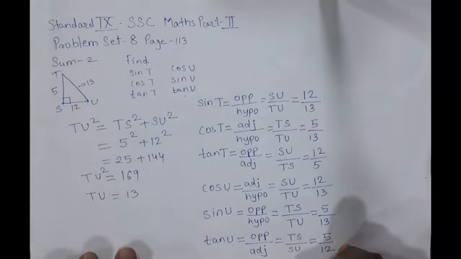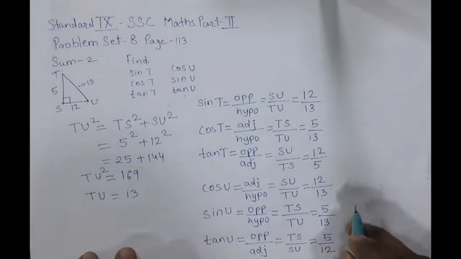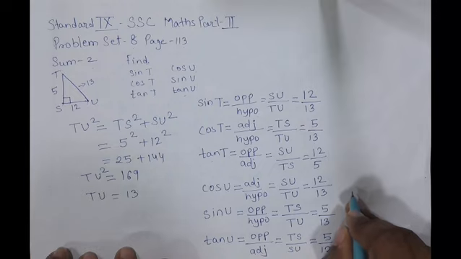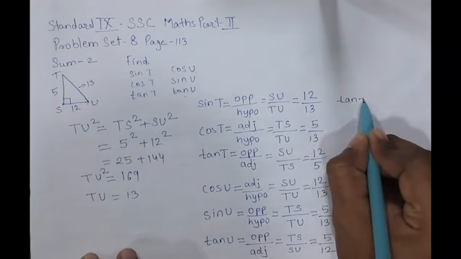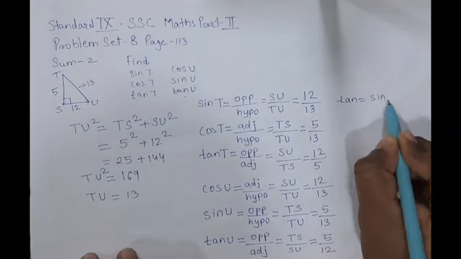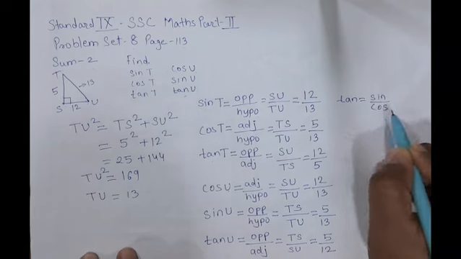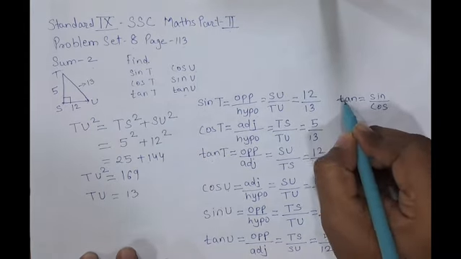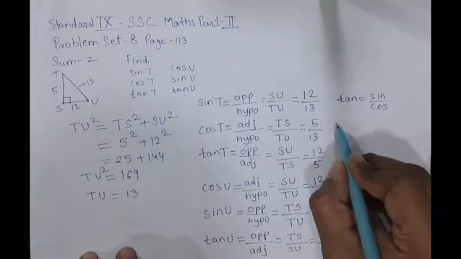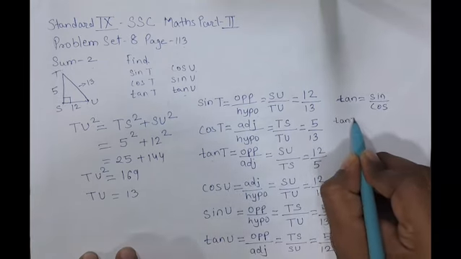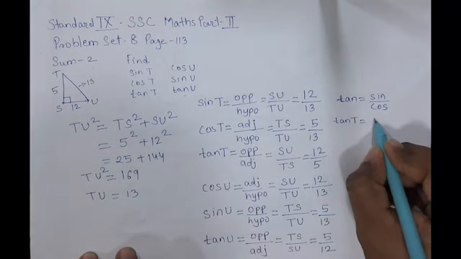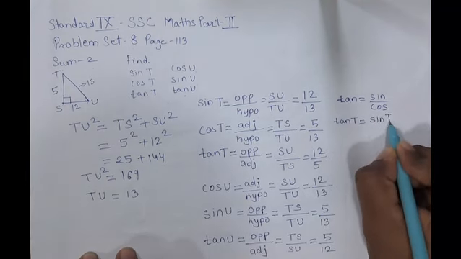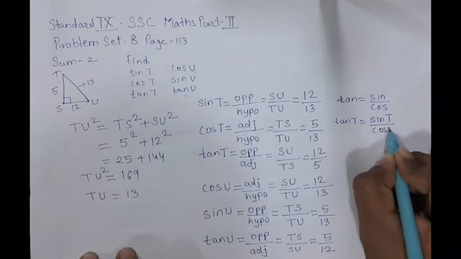If you remember the formulas that we studied, the quotient identity says tan is equal to sin upon cos. For example, for tan t, we use this quotient identity, so it will be sin t upon cos t.